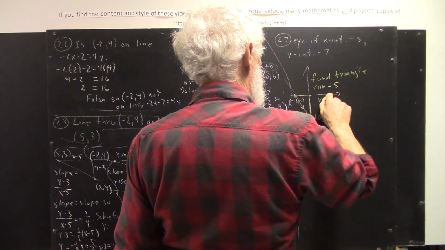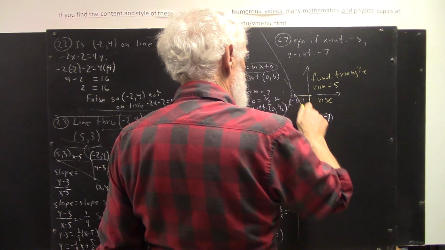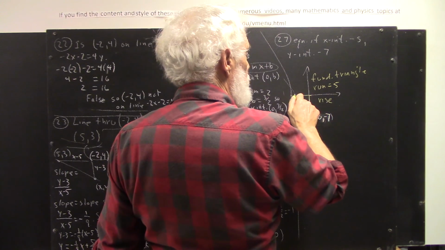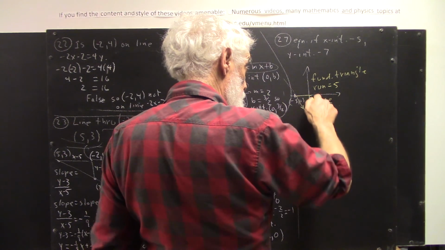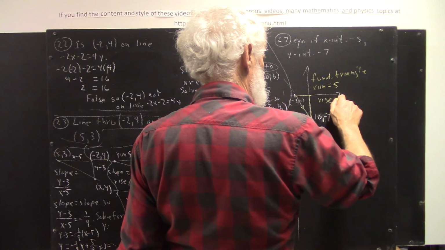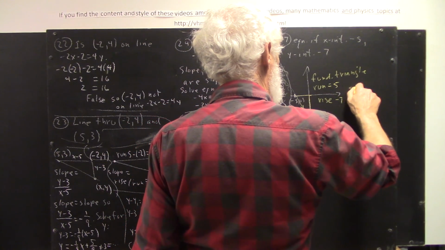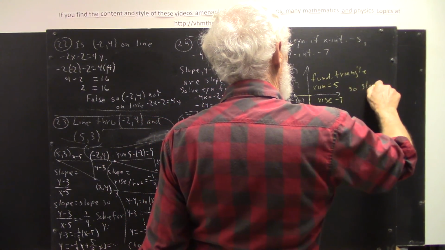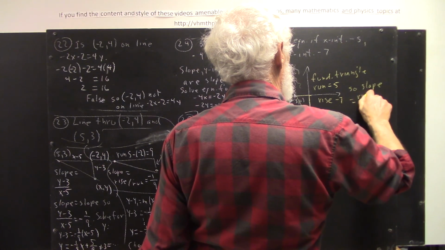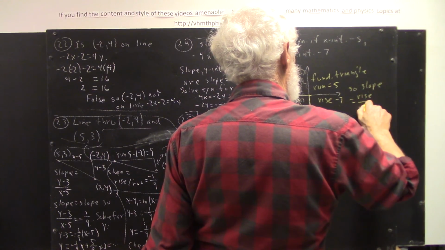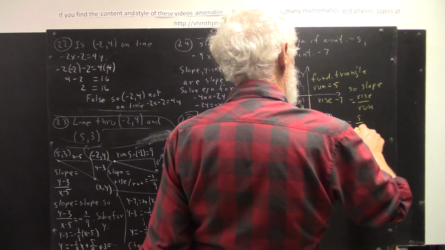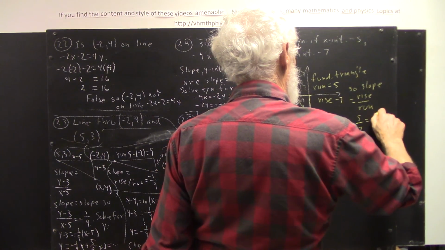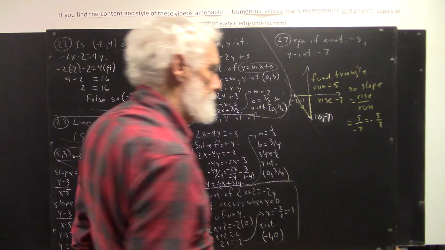And as we go from here to here along this path, the run is in the positive direction, the rise is in the negative direction. We go from 0 to -7, so the rise is -7. So the slope is rise over run, which equals -7 over 5, or just -7/5.